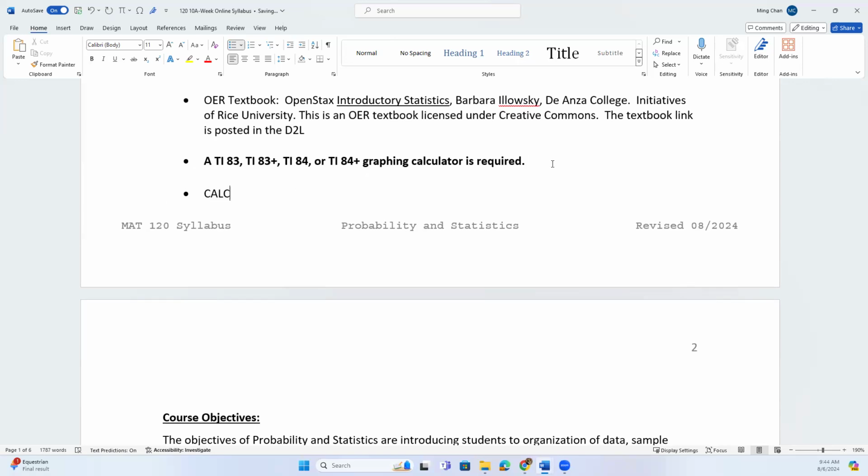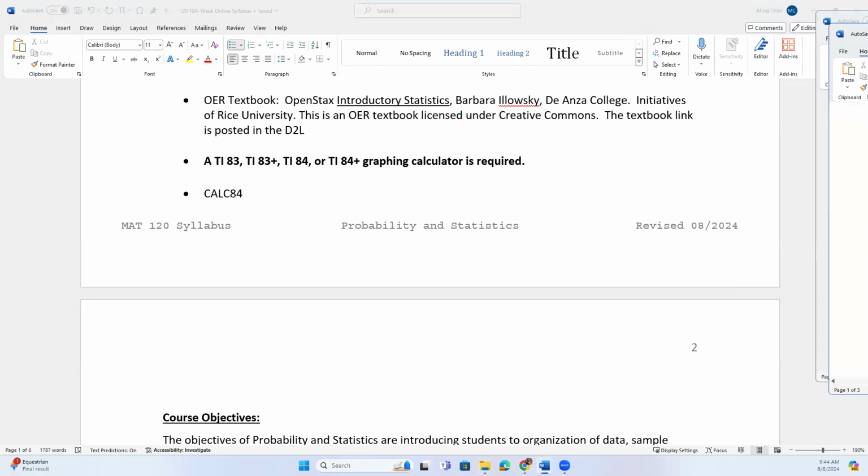I think it's called Calc 84, if I remember correctly. Let me see if I can find it. Let me see if I've got it on another syllabus here.